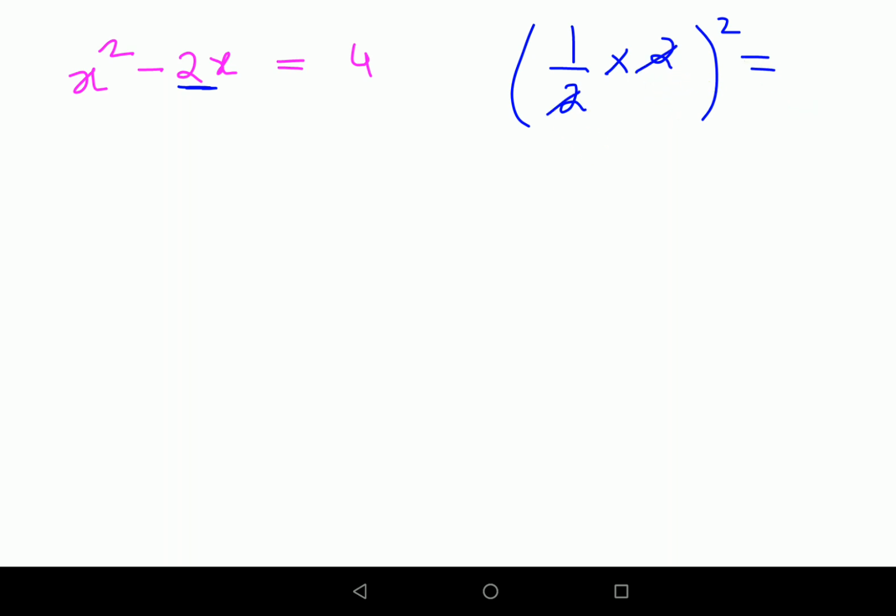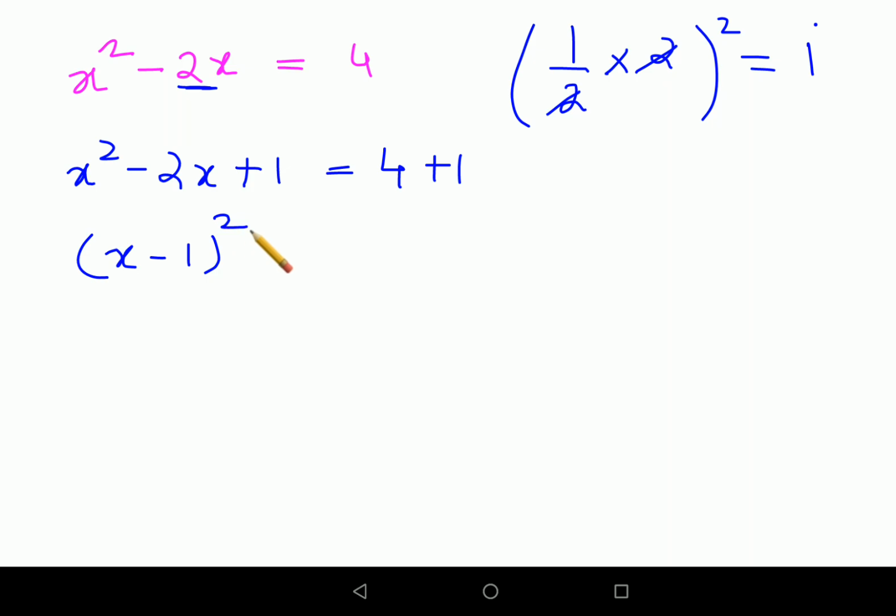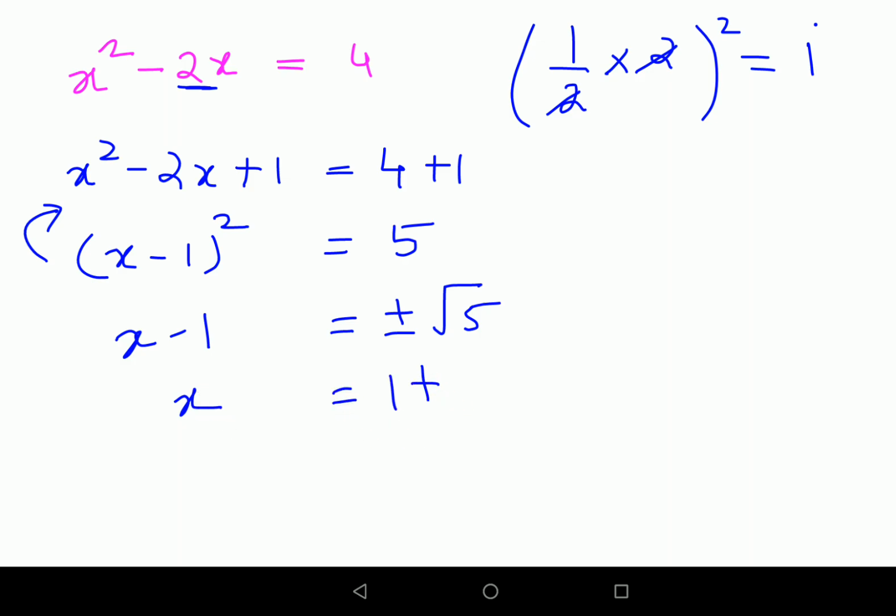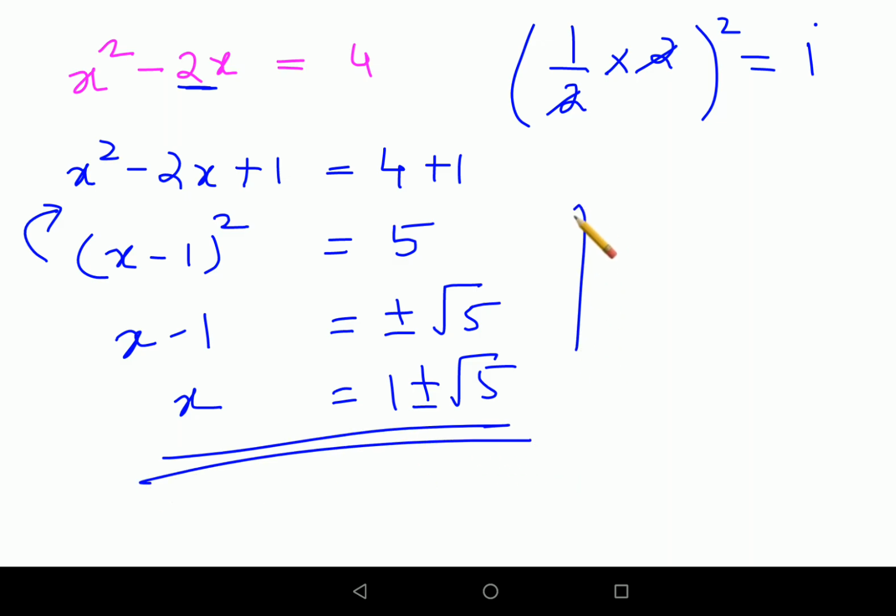So 2 and 2 get cancelled, you get 1, and 1 square is always 1. So all you have to do is just add 1 on both sides of the equal to. This comes out to be x minus 1 the whole square, whose expansion is exactly this, equals 5. Now taking square root on both sides, x minus 1 equals plus minus root of 5. So the final answer comes out to be 1 plus minus root of 5. See how easily you could do this with the method of completing the squares.